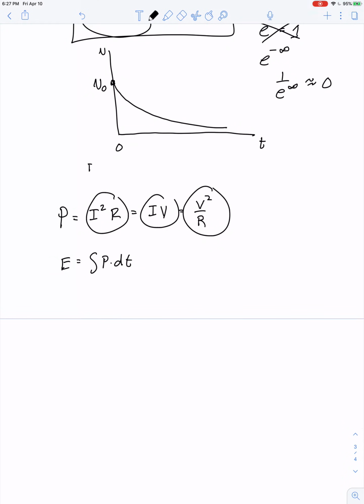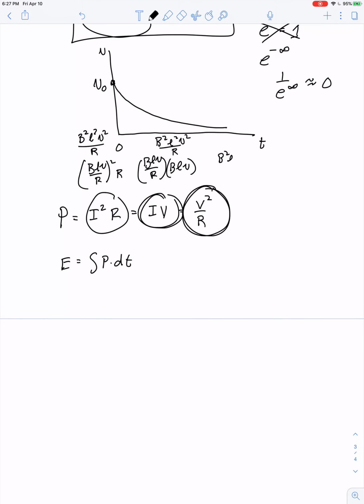So this would be BLV over R, quantity squared, times R, and that would give us B squared, L squared, V squared over R. If we multiplied current times voltage, we'd have BLV over R times BLV, which would give us B squared, L squared, V squared over R. I'm going to guess that this last expression would give us B squared, L squared, V squared over R.